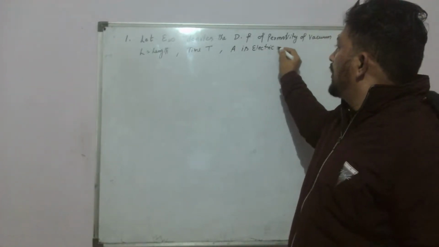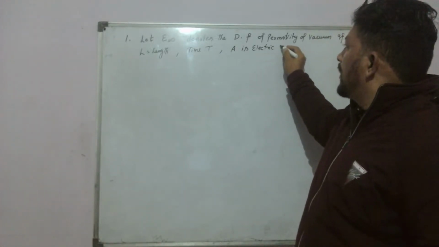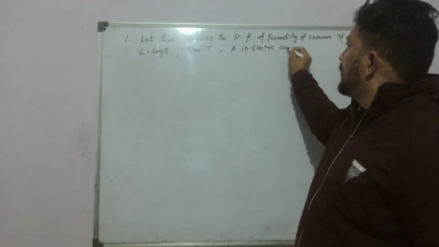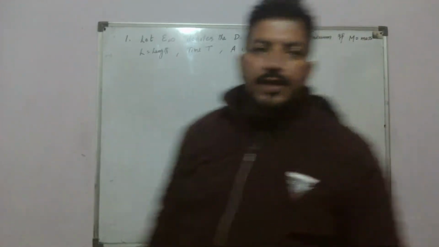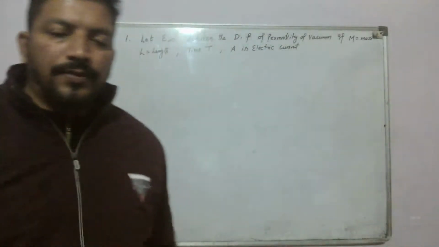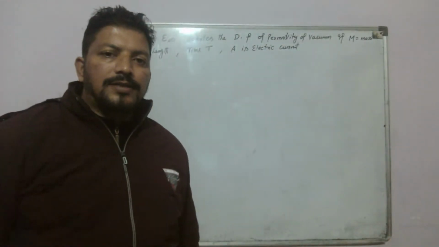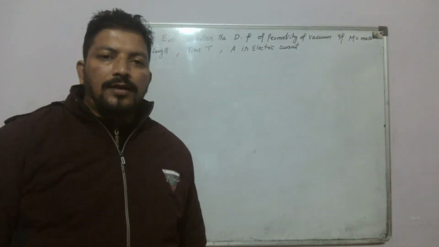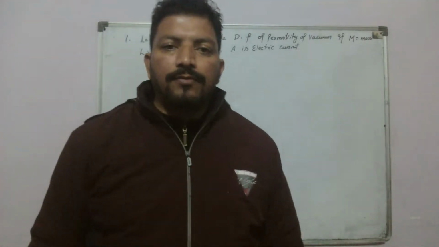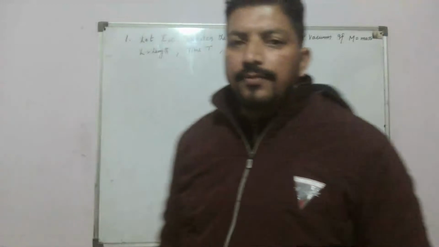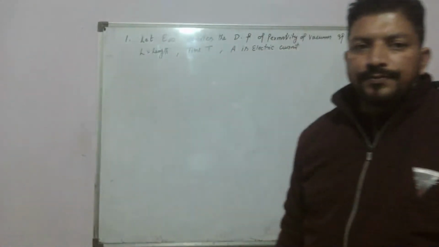So grade 12 and grade 11 students also know what is an electric current. It is the ratio of charge to the time. So charge by time, you define also here from 1 ampere. 1 ampere is equal to 1 coulomb divided by 1 second.